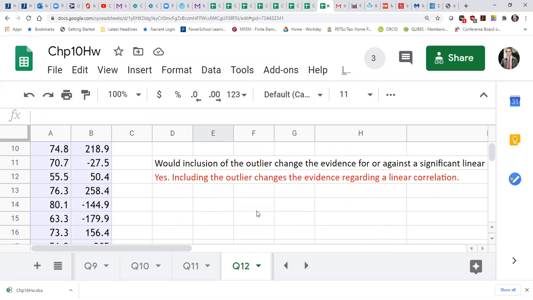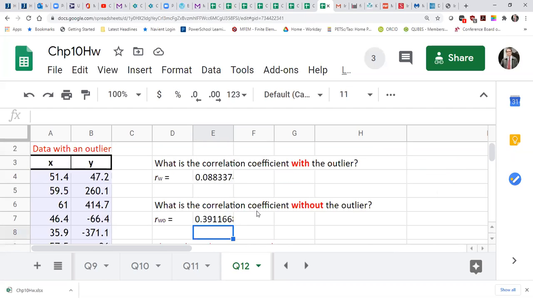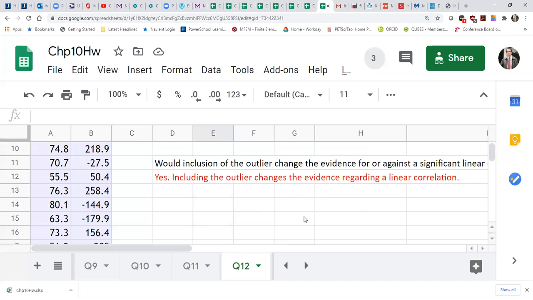So what is the conclusion here? You can see the correlation coefficient with outlier is 0.0888, right? And without outlier it increases, but only a little bit, like 0.3.